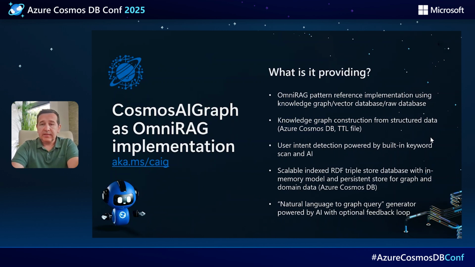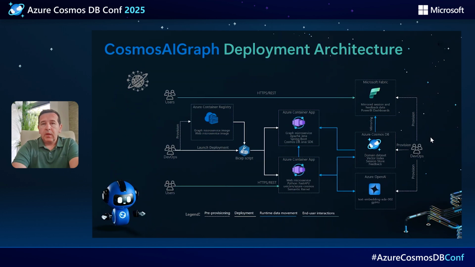And it also provides a scalable indexed RDF triple store, for which we use Apache Jena. It is in memory, and it uses a persistent source such as Azure Cosmos DB for its source of the data. And it also provides a natural language to graph query generator, as well as a SQL generator powered by AI, and the optional feedback loop.